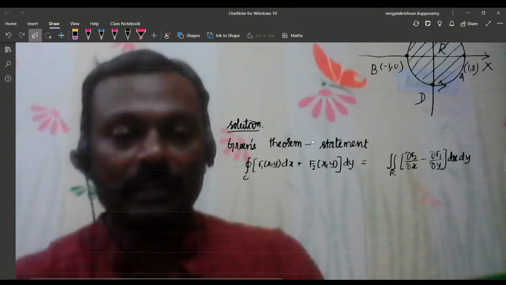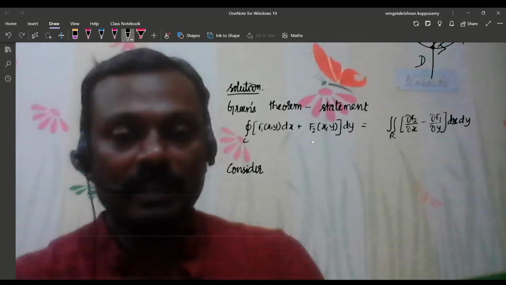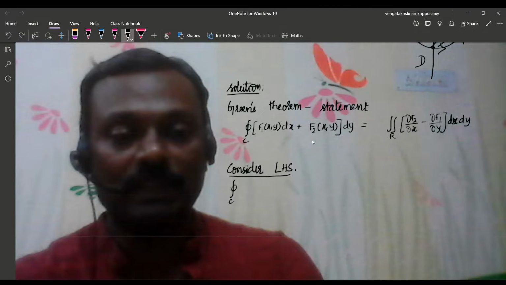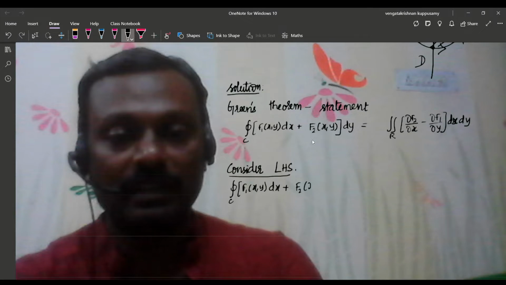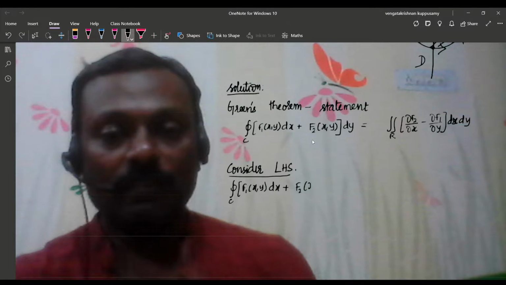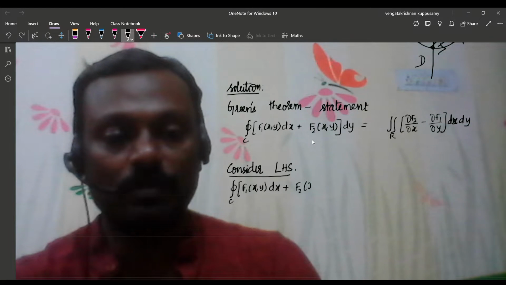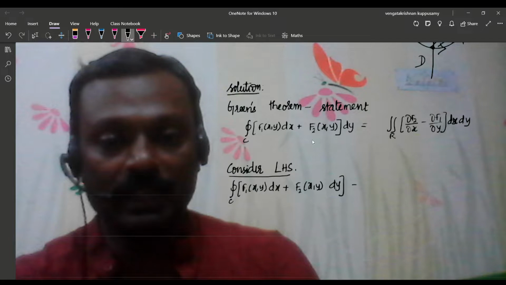So in verifying the theorem, first let us take the LHS, that is the left hand side of the theorem, the line integral over C of f1(x, y) dx plus f2(x, y) dy.